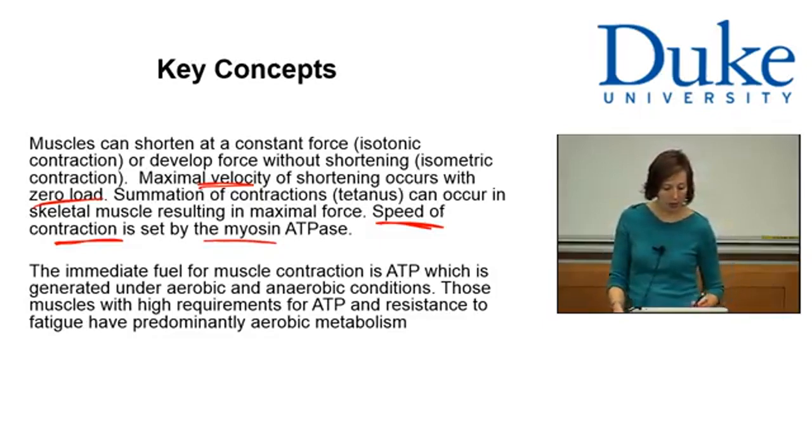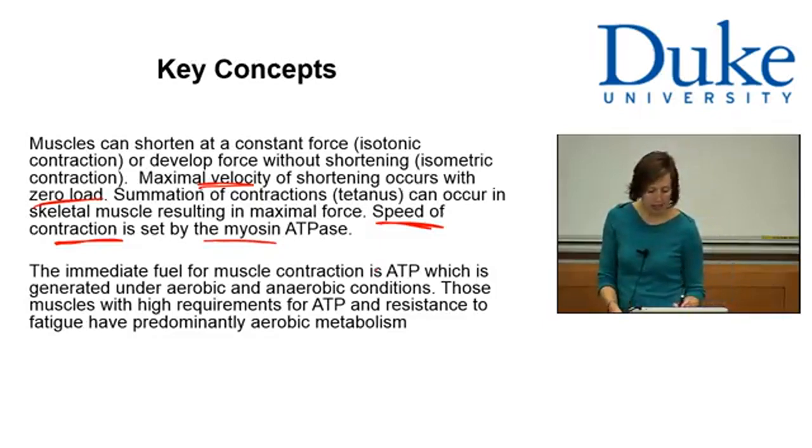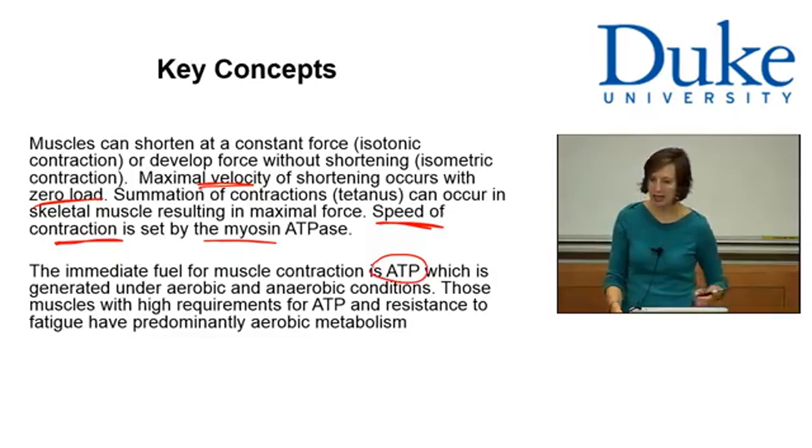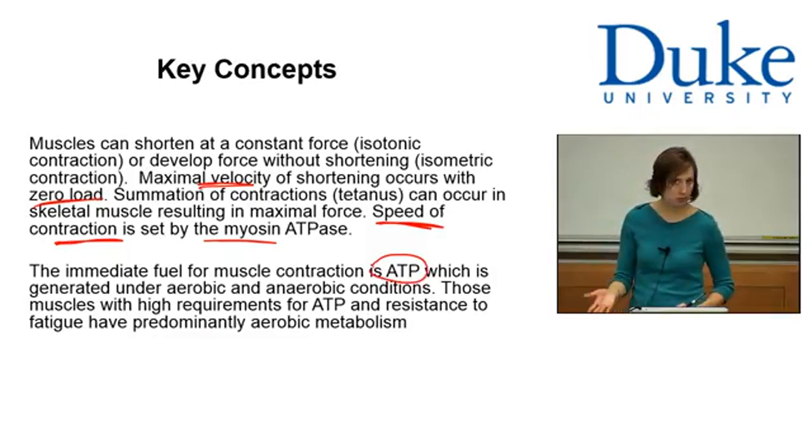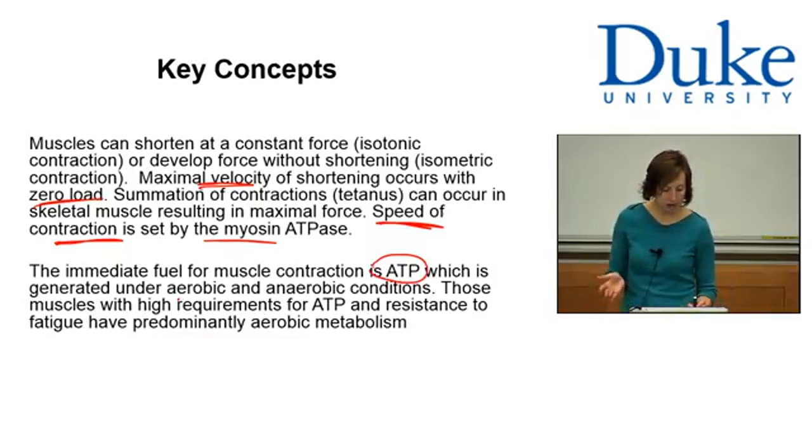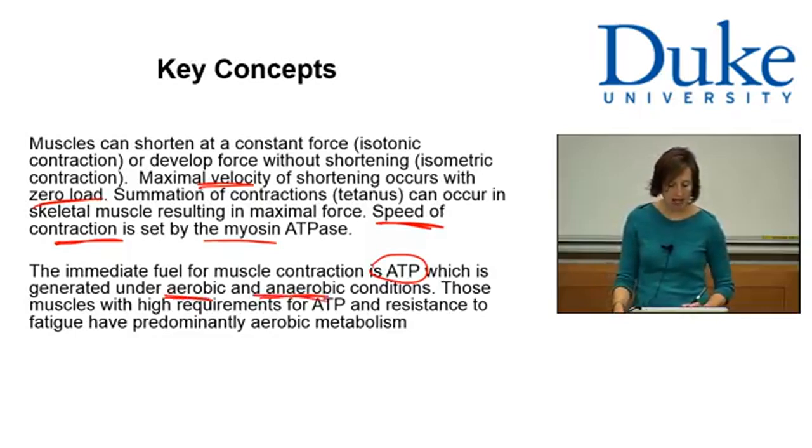And then we're going to use ATP for contraction, and it can be generated by creatine phosphate, donation of phosphate, or under aerobic or anaerobic conditions, and that if we need to resist fatigue, then we're going to use aerobic metabolism.